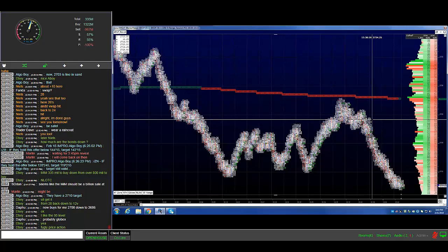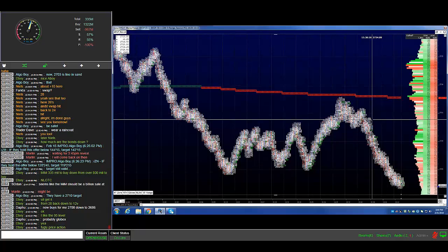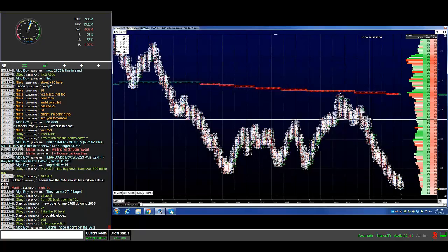ES is now in negative territory. NASDAQ still, at least on the future, still in positive territory, but on the lows. Look at this selling.